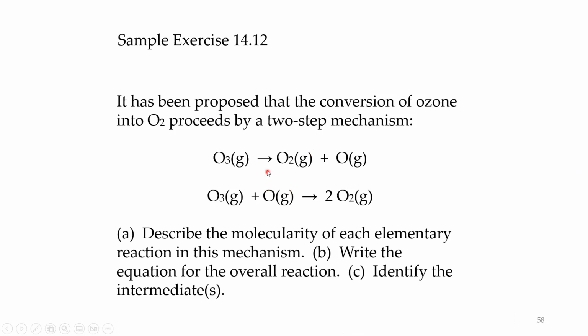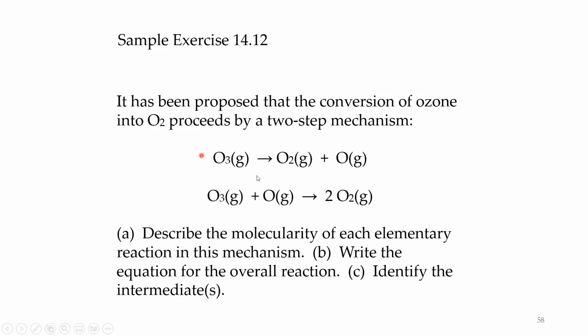And what we have here is just a mechanism. And we have a couple different things we're asked to do for this two-step mechanism. Two-step just because we've got two different reactions pieced together. First, describe the molecularity of each elementary reaction in this mechanism. So what that's referring to is how many different molecules do we have reacting in that particular step.